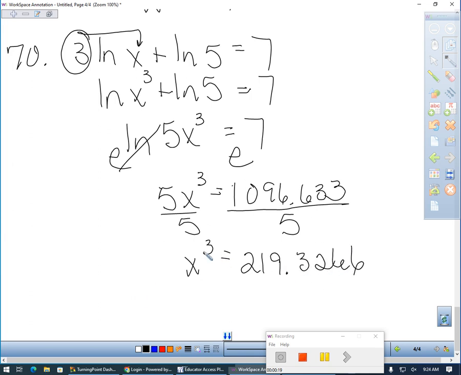And then to get rid of the third, we have to either cube root or take it to the 1/3 power. And we get x equals approximately 6.0306.